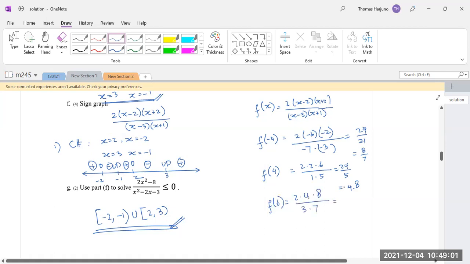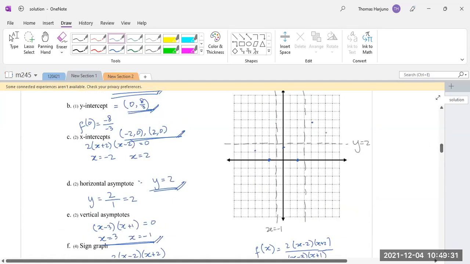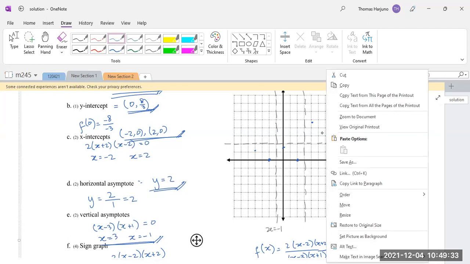So 6 times 8 is 48 divided by 21. Am I okay? 6 times 8 is, oh, that's 8 times 8, that's 64, my bad. So that's approximately 3. So (6, approximately 3), like this.